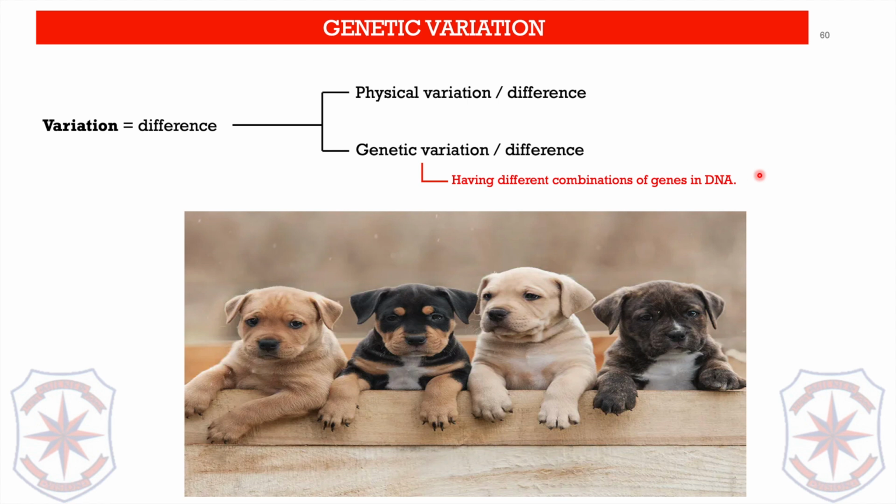What did we say a gene is from lesson 1 of this lesson series? We said that a gene is a small segment or a small piece of DNA that codes for particular characteristics.